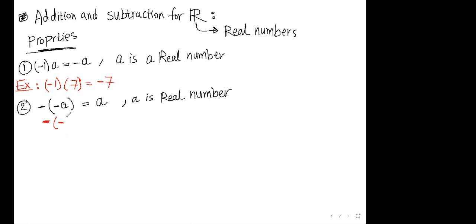Minus minus 8 is equal to 8. Minus minus 3 is equal to 3. Minus minus 4 is equal to 4. Minus minus square root of 2 is square root of 2.